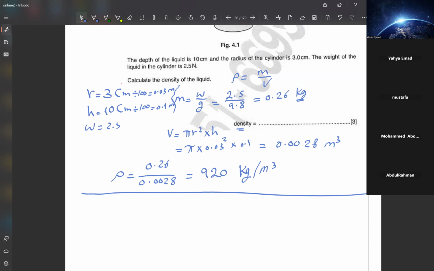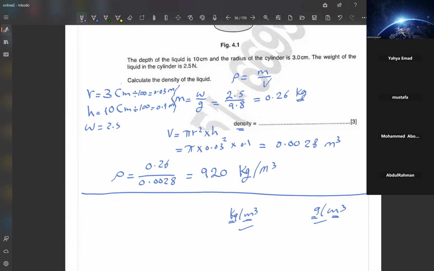If it is a suitable number, it's okay, but sometimes it will be a small number, kilogram per centimeter cube, it will be small. So we prefer to use gram per centimeter cube, small mass unit and small volume unit, and the kilogram per meter cube for greater mass unit and greater volume unit. So we prefer both of these, Yahya.